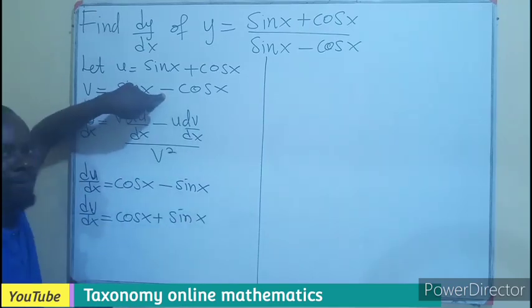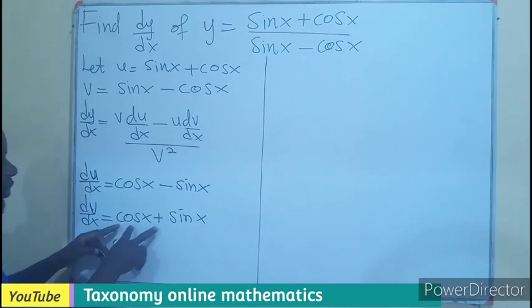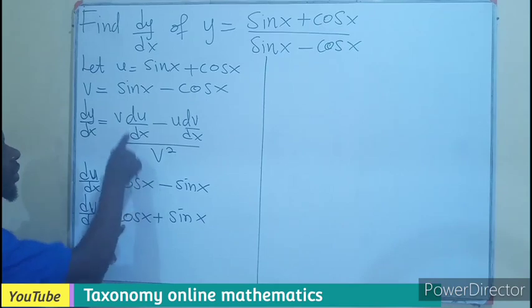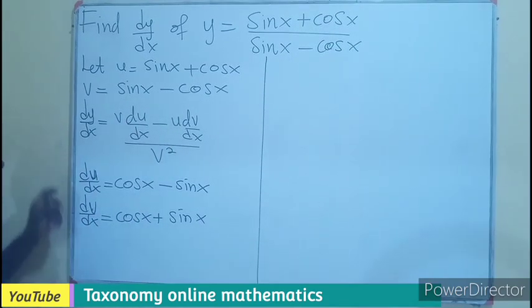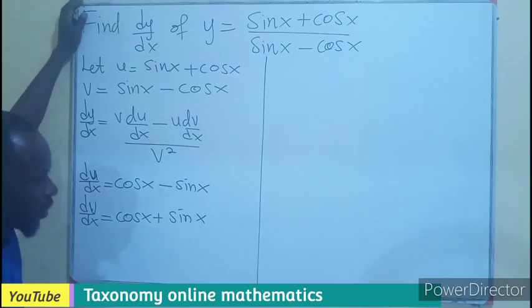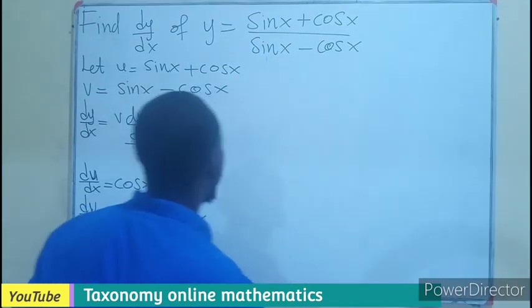So now we do our substitution, putting this and this in this place, then v and u in that place. I think my board is too small, but let's check how best we can do that.